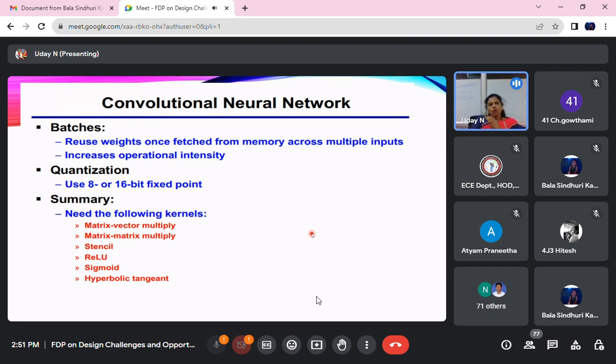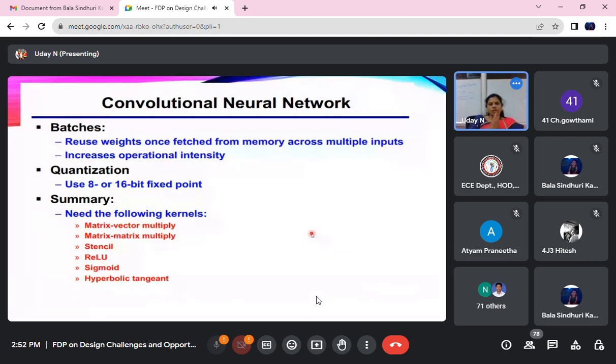And we also perform quantization. If you take a normal monochrome image, you will have 256 gray levels, 0 to 255. Instead of taking 256 levels of quantization, we make use of either 8-bit or 16-bit fixed point quantization.